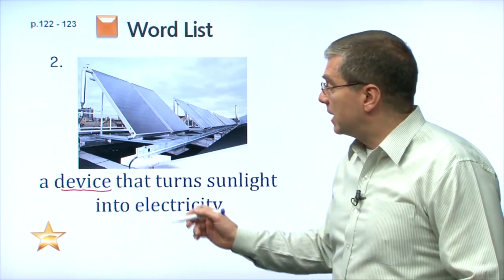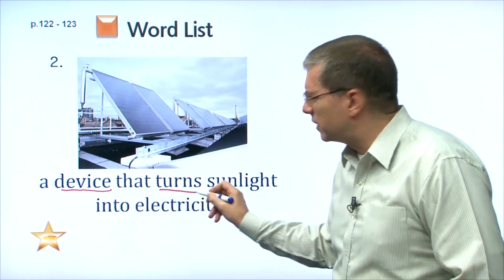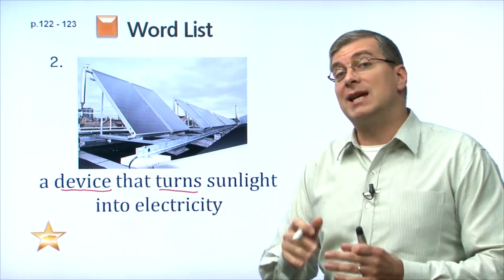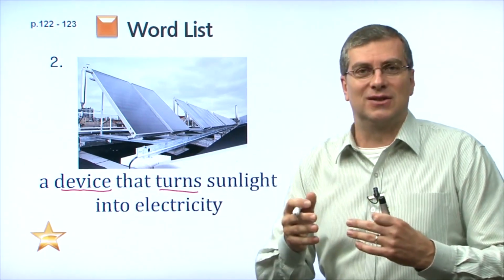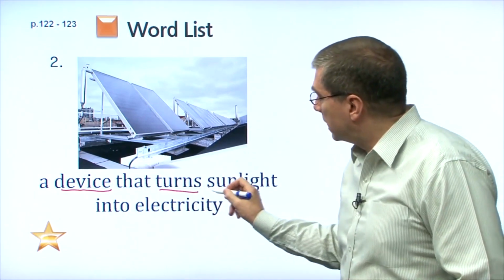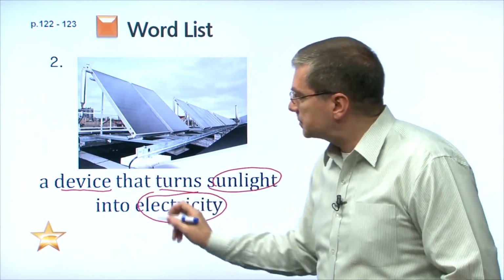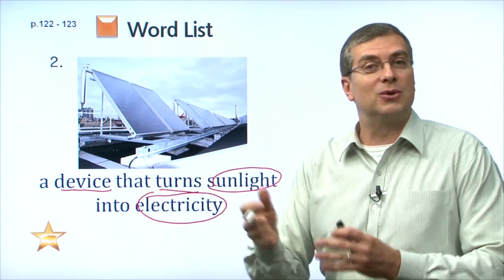In this case, it's a device, a machine that changes. Okay? So when you say it turns A into B, it changes A into B. In this case, it's turning sunlight into electricity. So this device turns sunlight into electricity.